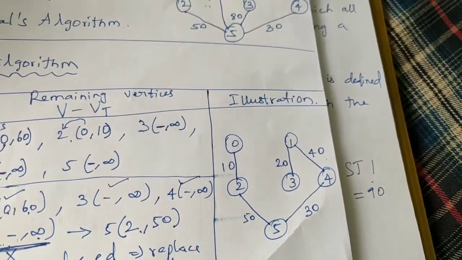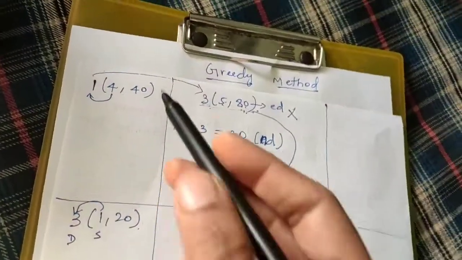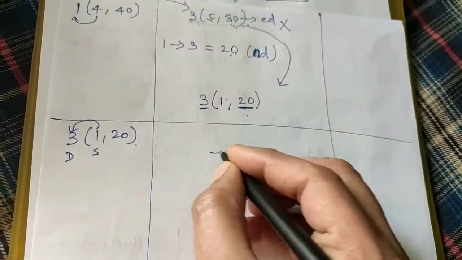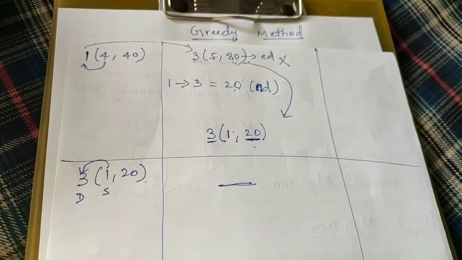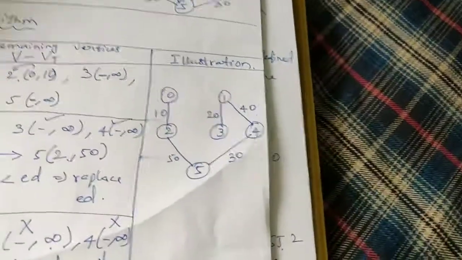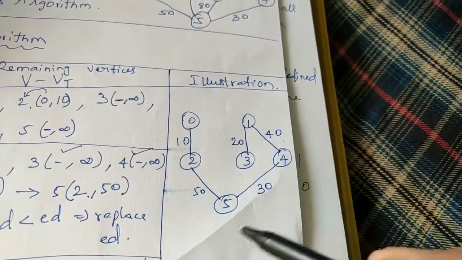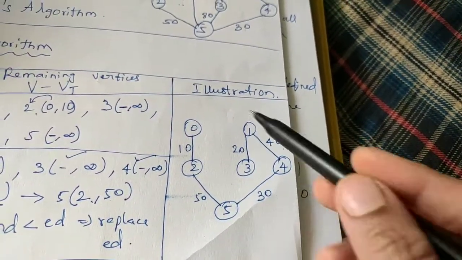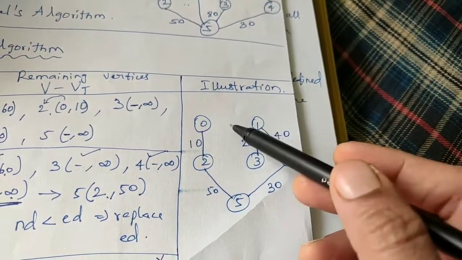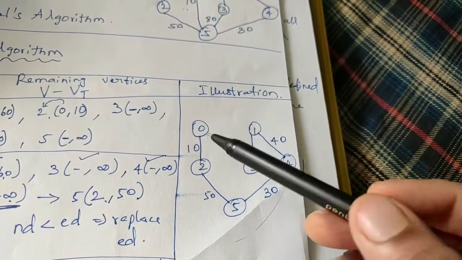Now if you see, all the 6 vertices I have processed, nothing is remaining in the remaining vertices column. Now you see your illustration column. I have got a minimum spanning tree directly.